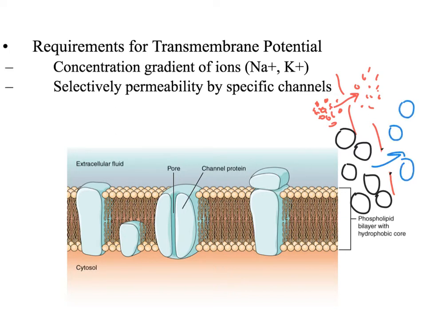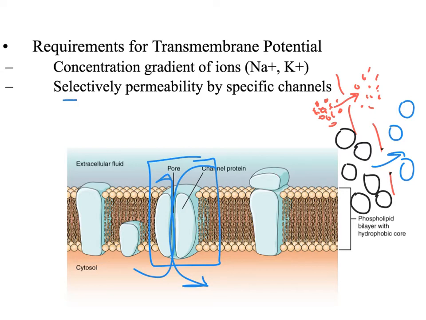So what they do with this is they have channels that are gated and channels that are always open. We'll talk about the two different types of channels. And these are the openings in which the ions sodium and potassium can move through.